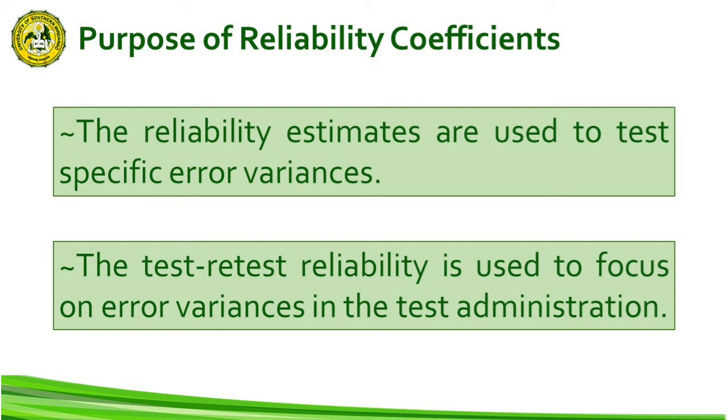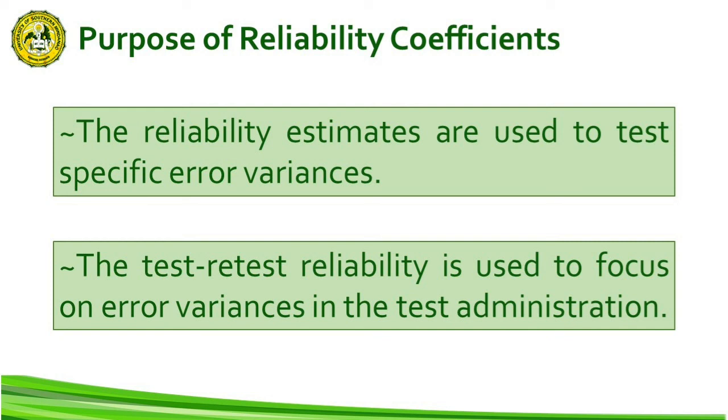So now we will discuss the purpose of reliability coefficients. The reliability estimates are used to test specific error variances. So ano yung reliability estimates? Yung reliability estimates, yun yung mga retest, yung parallel and alternate forms, yung na-discuss na sa previous reports.